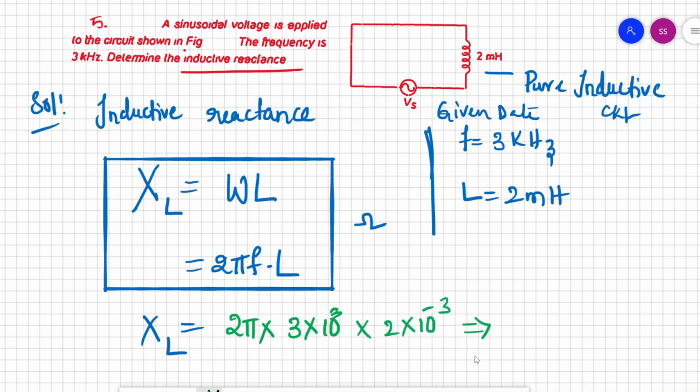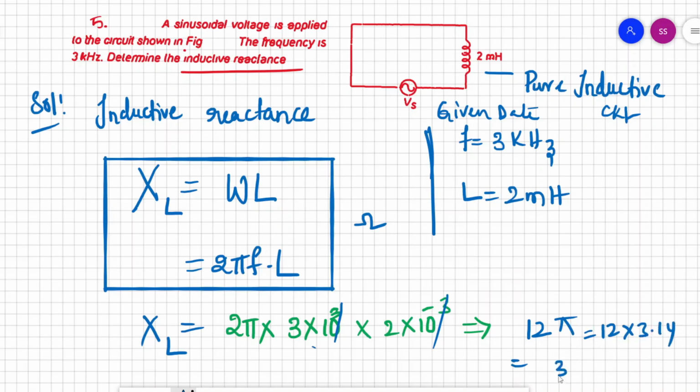So the inductive reactance for the inductor circuit here: the 10 power plus 3 and 10 power minus 3 will get cancelled. That will be 12 pi, that is 12 into 3.14, where the value of pi is 3.14.